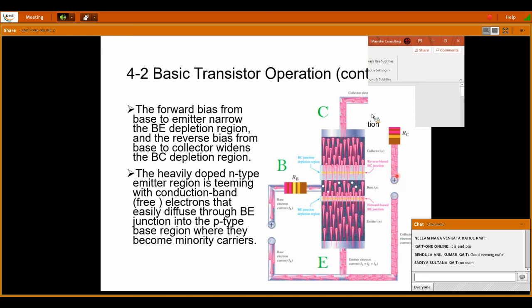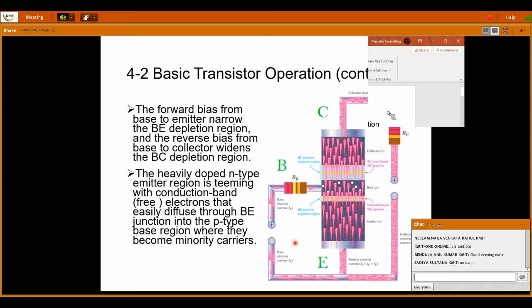So this positive electrode can pull out the electrons, which come out from the collector terminal and constitute the collector current IC. Like this, the amount of carriers emitted from the emitter is the sum of the base current and the collector current. As I showed in the previous slide, IE is always equal to the sum of its base current and its collector current.